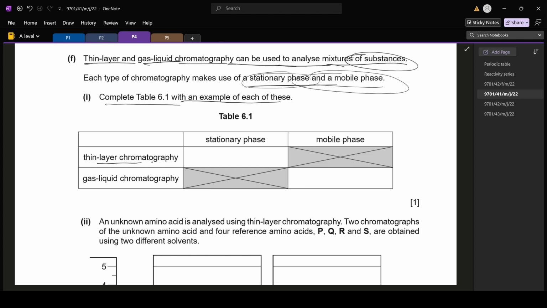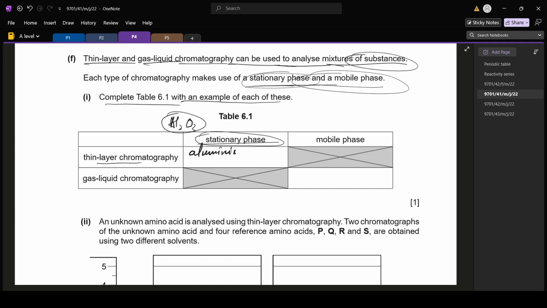So in thin layer chromatography, the stationary phase is aluminum oxide, Al2O3, or this could be silica. So you can write aluminum oxide or silica. I'm writing aluminum oxide, which is more common.